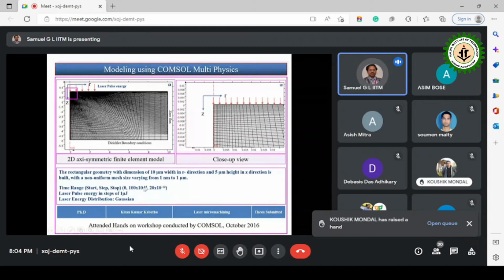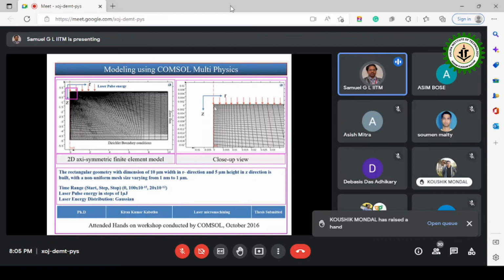We used a software called COMSOL Multiphysics, but it's not that easy. It was challenging because to get the results at 10 to the power of minus 15 scale, it takes a long time. Even to simulate 2 seconds, it takes hours together. Also the element sizes were micrometers and nanometers, because when you put one pulse, the amount of material removed will be a few nanometers. So to predict that, obviously the mesh we take should be in nanometers and even smaller.